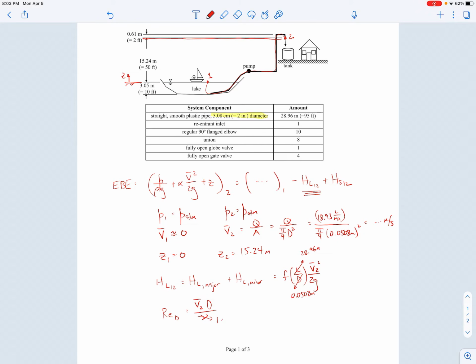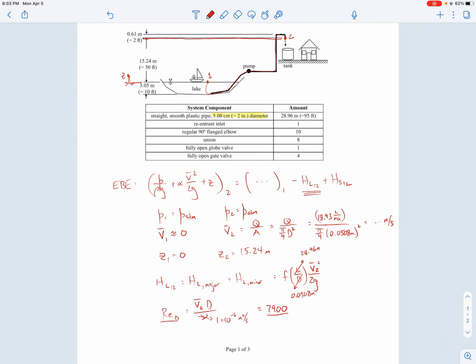So let me just write that here. Then the velocity V2 we had calculated earlier here. And the pipe diameter we know is the 0.0508 meters. When you calculate that out, and I actually did do that calculation, it comes out to be about 7,900.